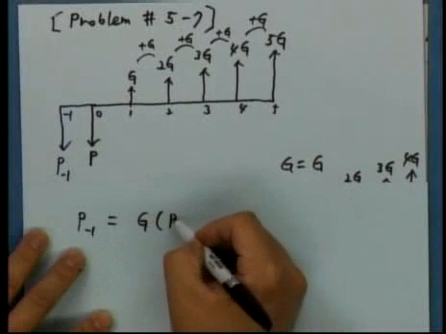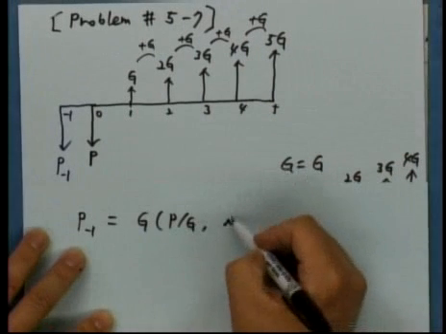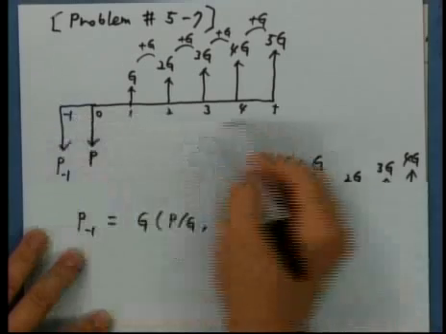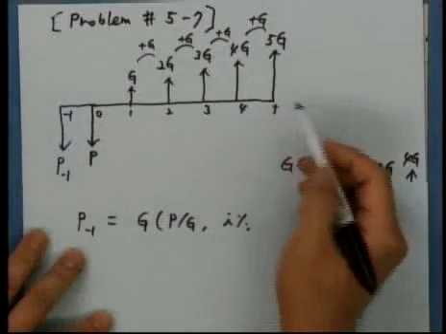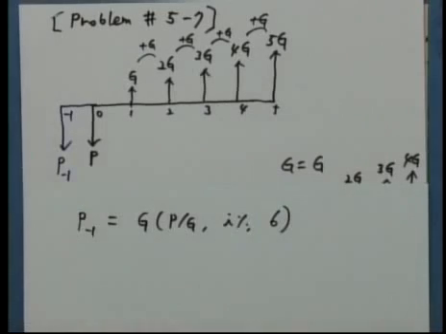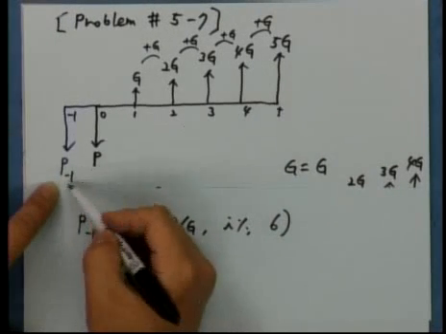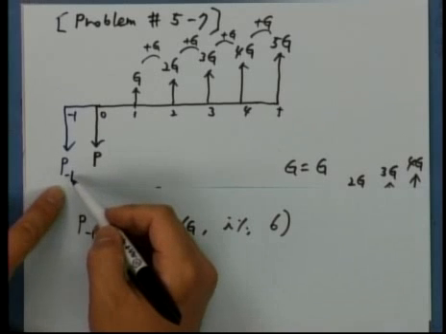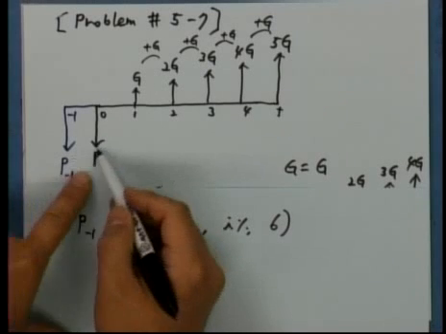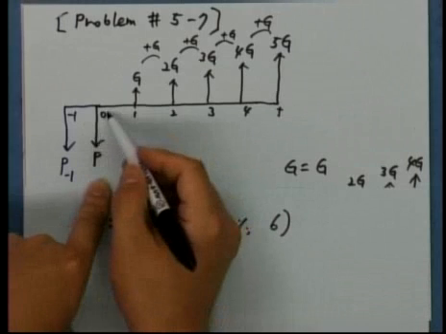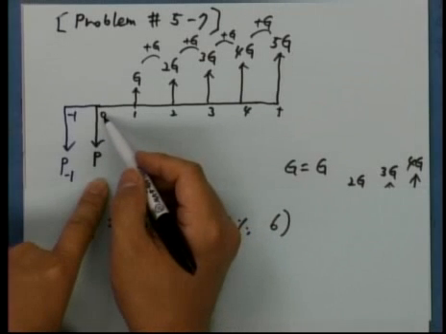G times P given G, I% over 6 periods, -1 through 5 is 6 periods, okay? And then move this present value at the end of -1 to the present value at the end of period 0, okay?